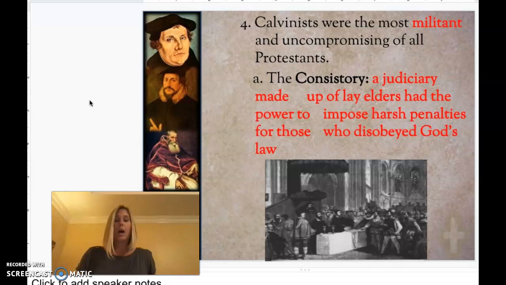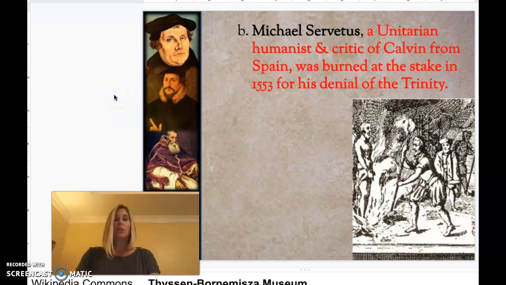To give you an example of someone who did go against the teachings of John Calvin and greatly paid for that disobedience, this is Michael Servetus. Michael Servetus was a critic of Calvin from Spain, and he was burned at the stake simply for his denial of the Trinity. Remember, we've talked about the Trinity before: the Father, the Son, and the Holy Spirit as one.